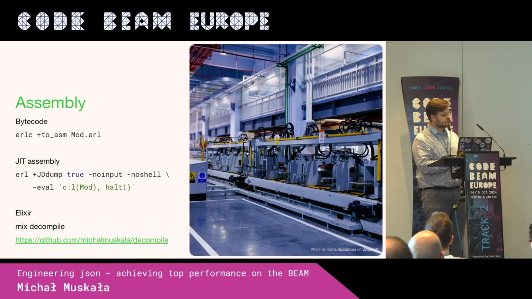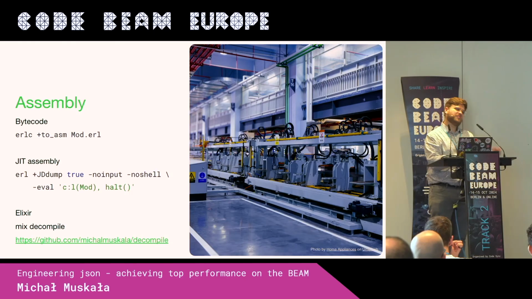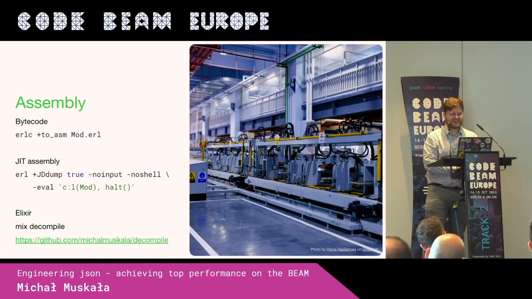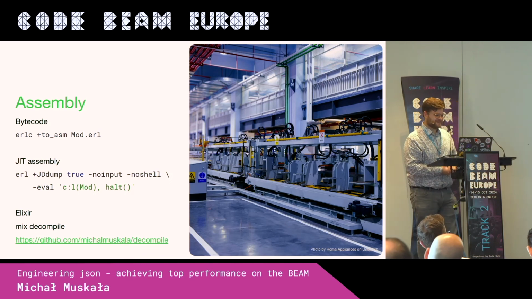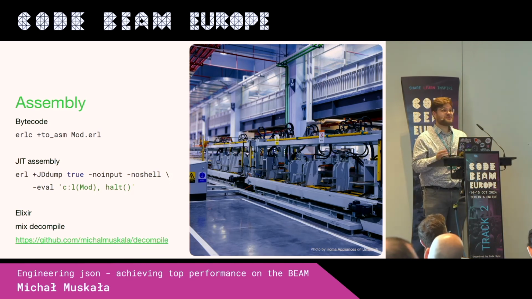It's a bit easier to get it from Erlang. Getting it from Elixir is a bit tricky, especially the bytecode. So the easiest way I found in Elixir is to compile the code and then extract the bytecode from the beam file. And then I wrote this small library, though I'm not sure it still works. It's been a while. But yeah, contributions welcome.